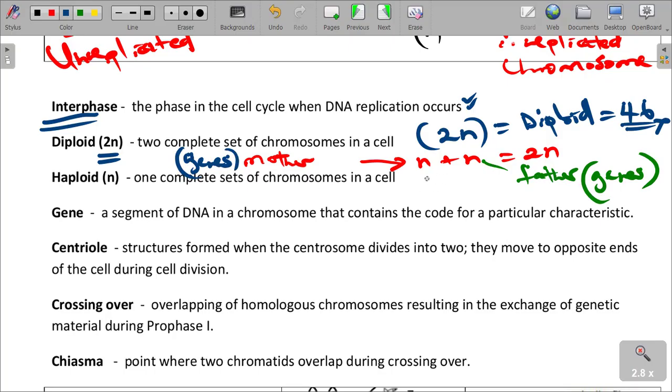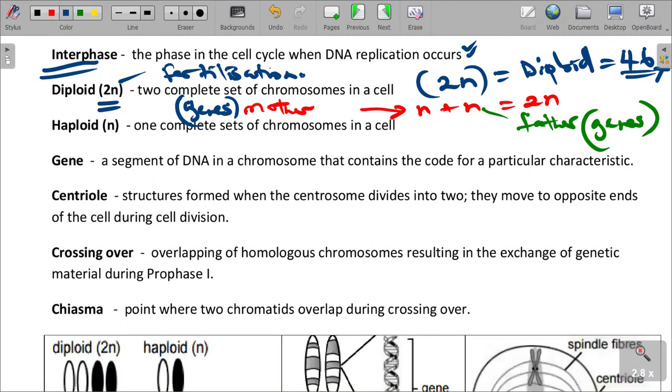This is fertilization. Diploid cells are formed after fertilization. It means fertilization has occurred. These are resultant cells of what? Of fertilization. They are resultant cells of fertilization. Please note as well, that is one thing that you need to take note of.